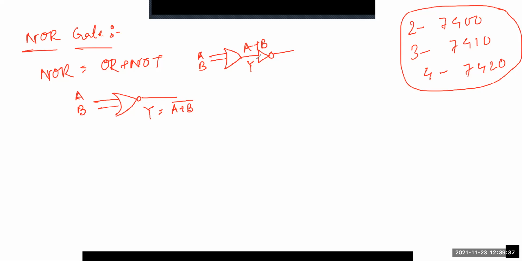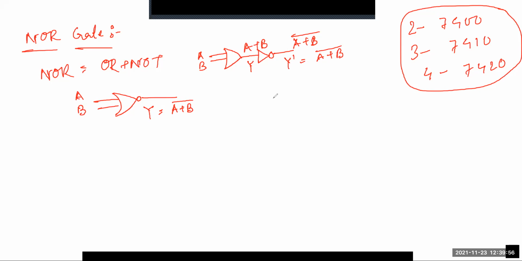So here it is A plus B bar, the output of the NOR gate.